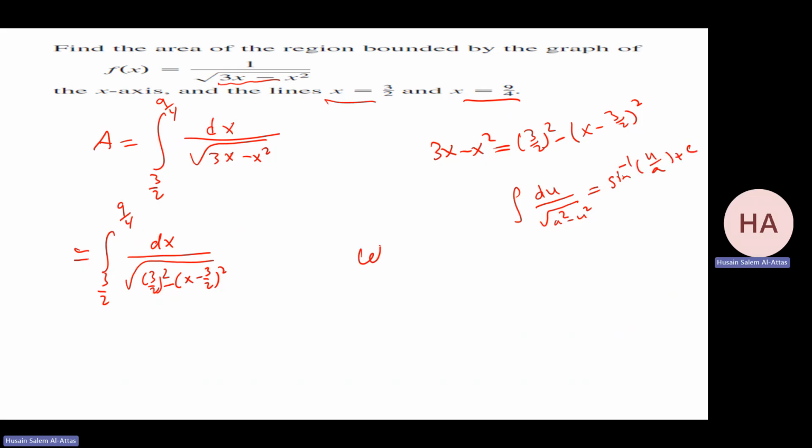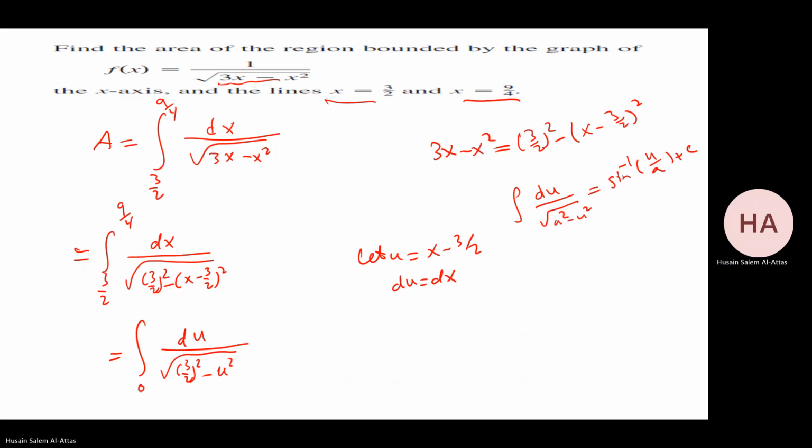So I let u equal x minus 3 over 2, so du equals dx. Now the limits: 3 over 2 becomes 0, since it is a definite integral. And 9 over 4 minus 3 over 2 is 9 over 4 minus 6 over 4, which is 3 over 4.